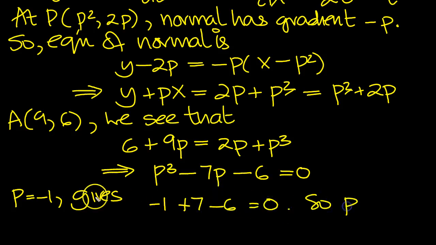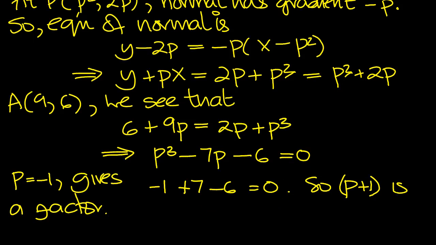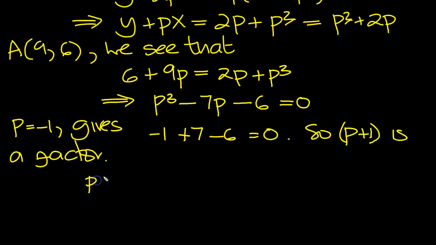So p minus minus 1, that is p plus 1, is a factor. So let's divide it through and see what we get. Let's do it the easy way rather than do long division.